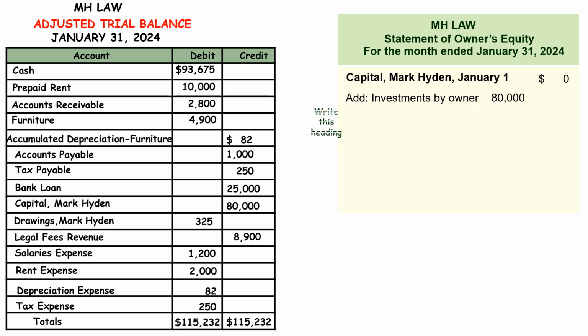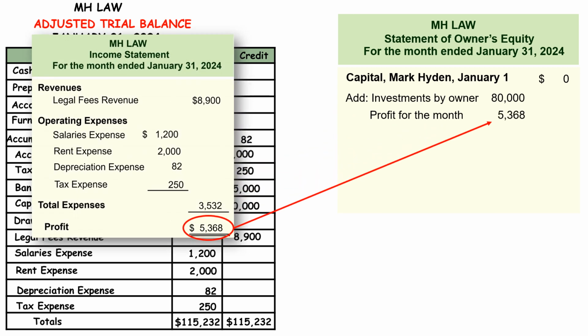The other thing that increases the owner's equity is the profit the company makes. So we just calculated the income statement. We will copy the end result of that statement here. So the profit figure from the income statement is $5,368. Copy that here. So again, this illustrates the link between the financial statements.